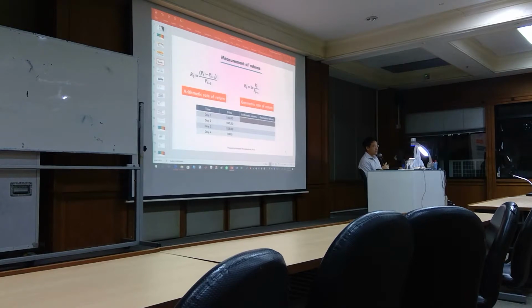That is also another kind of return that you can calculate. Did you learn this in calculus? So the amount of return is different, basically because you use a different equation, because now you use log instead of arithmetic.